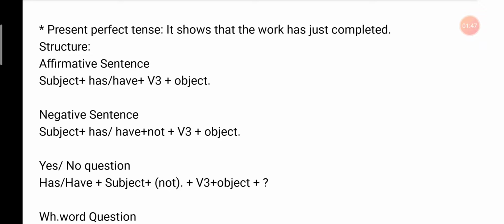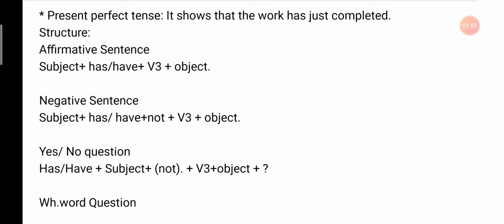If the subject is singular, we have to use has. If the subject is plural, we will use have, and we have to always use verb V3. If an object comes, we will write the object. If an object does not come, we will not write it.